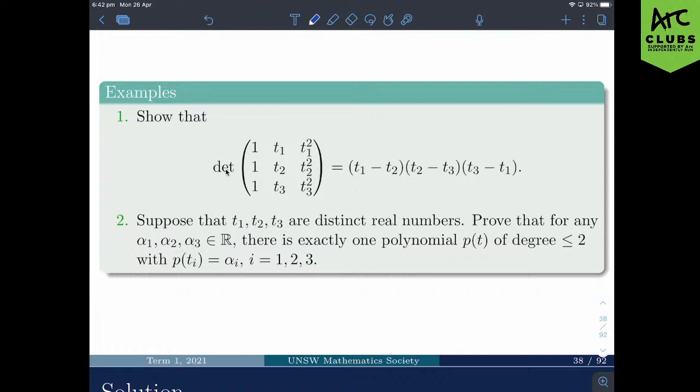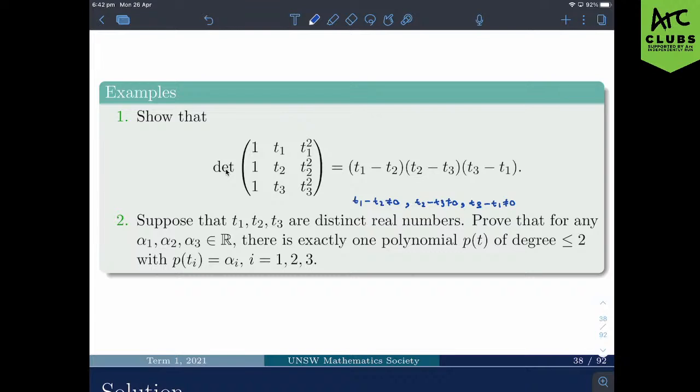And I guess you can get an intuitive idea of how you're going to do this problem. So we know that T1, T2, and T3 are distinct. So that means that T1 minus T2 is non-zero, T2 minus T3 is non-zero, and T3 minus T1 is also non-zero.